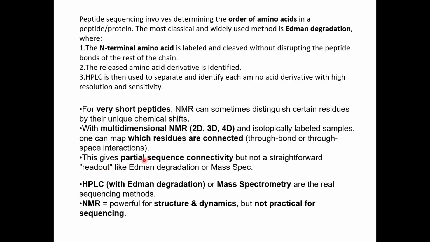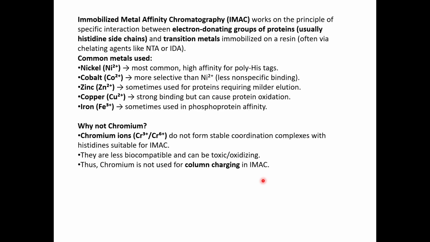This gives partial sequence connectivity, but not a straightforward readout like Edman degradation or mass spec. So HPLC with Edman degradation or mass spectrometry are used for sequencing. NMR is mostly for structural dynamics and not for complete sequencing.